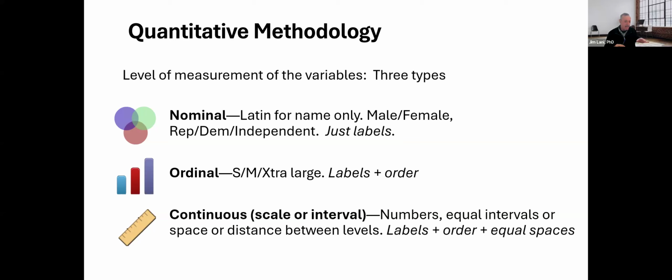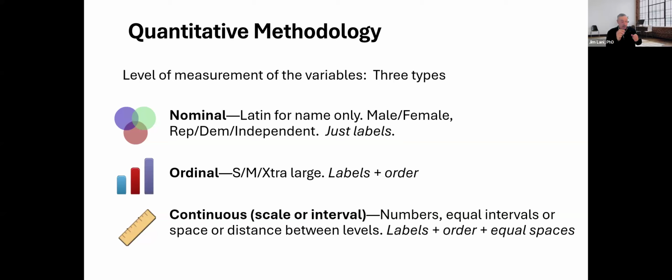Continuous or scale or interval or ratio, I'm using them synonymously, okay? The continuous level has the icon of a ruler because it has labels, 1 inch, 2 inch, 3 inch. It has order, 1 inch is before 2 inch, 2 inch before 3 inch, but it also has equal spacing, so to speak.